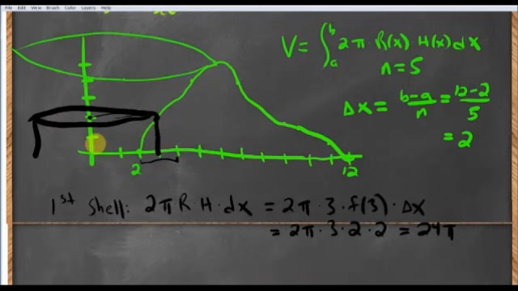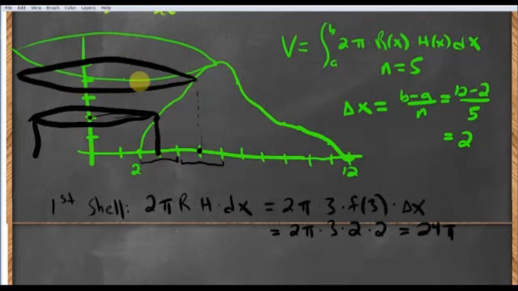Now you just have to do that for all the remaining 4 shells. So you'd have a shell right here. Here's the midpoint, so draw that line up. And so then you would have a shell there. And so the radius would be the distance from the axis of revolution out to here.